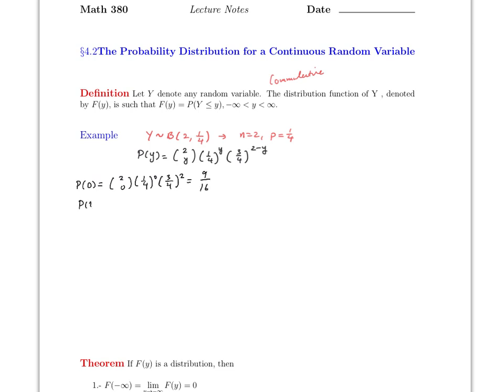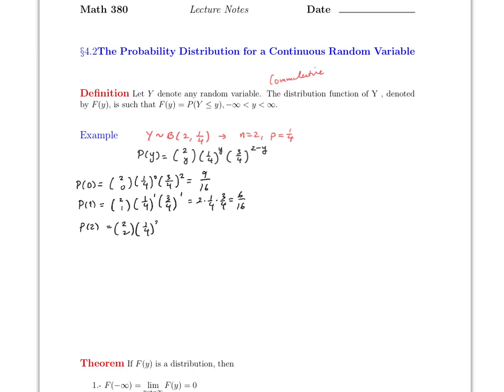If you do p of 1, well, this is 2 choose 1, 1/4, 3/4 to the first power, and this is going to be 2 times 1/4 times 3/4, and this is equal to 6/16. And you can check also the p of 2 is the following.